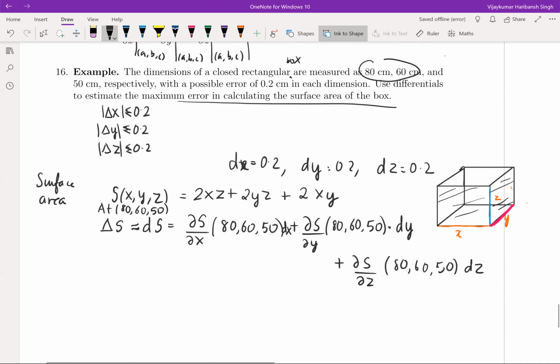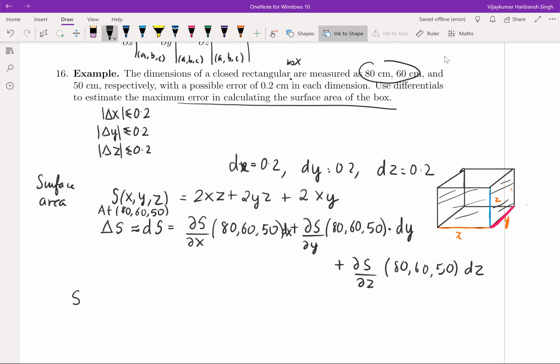So let's compute these things. The partial derivative of S with respect to x: we get 2z, this will become 0, and this will be 2y.